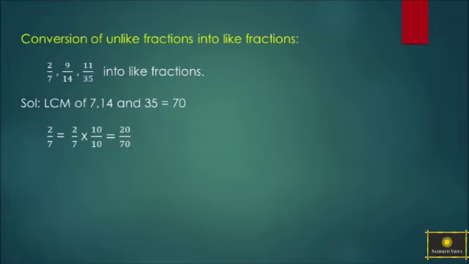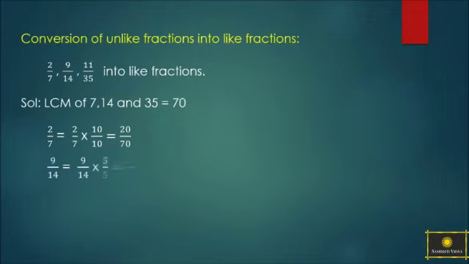Let's see the next fraction, that is 9 divided by 14. To convert 14 to 70, we need to multiply 14, that is the denominator, by 5. When we multiply the denominator by a certain number, we need to multiply the numerator also with the same number.